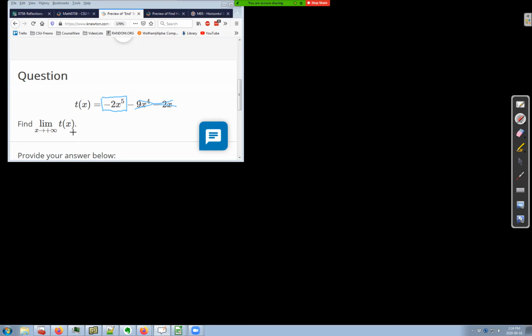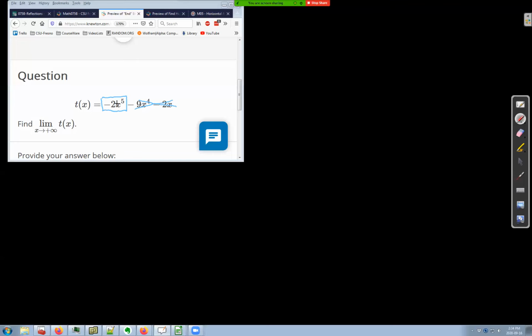And the reason for that is that we're imagining x is really, really big. Say x is like 1 billion. So if x is 1 billion, then x is pretty big, but 1 billion to the 5th power is way bigger than just 1 billion.